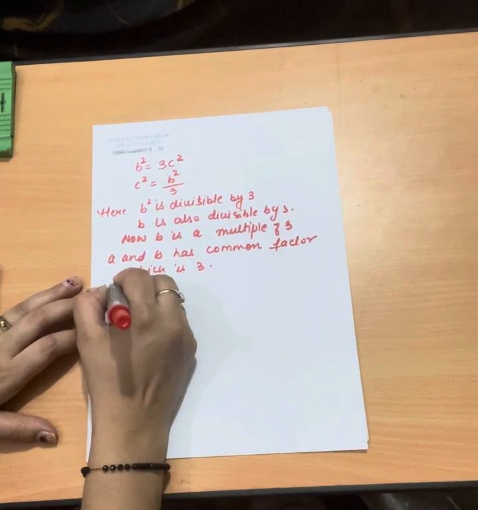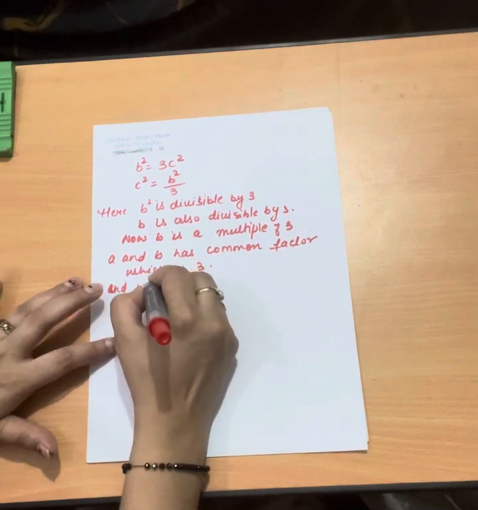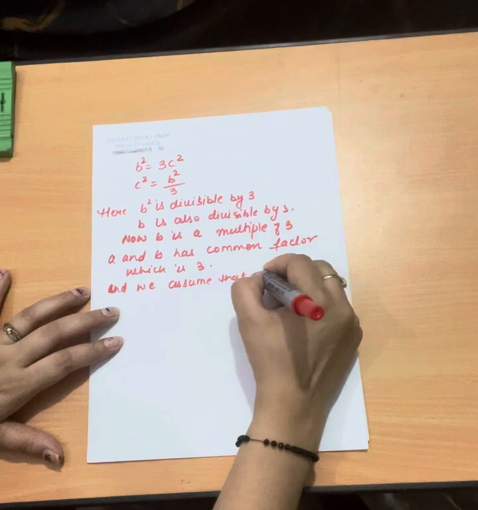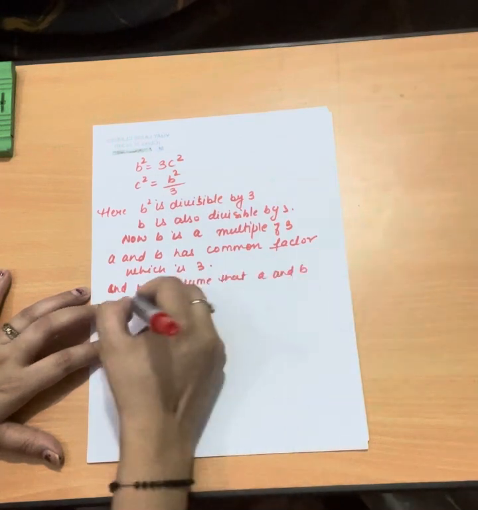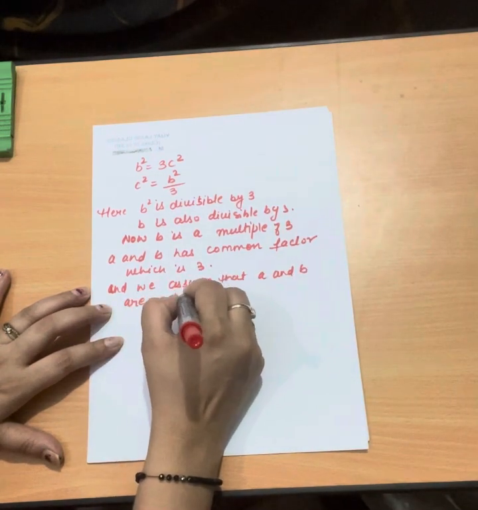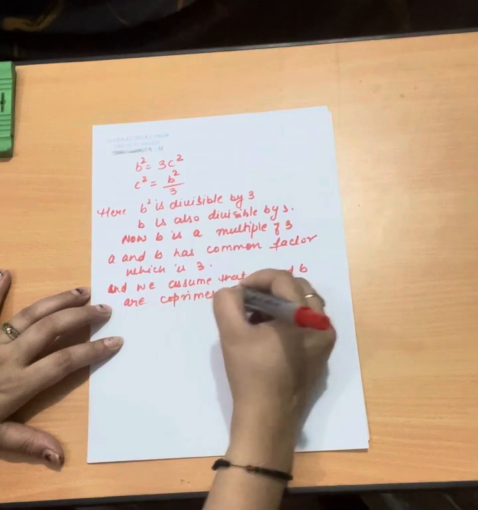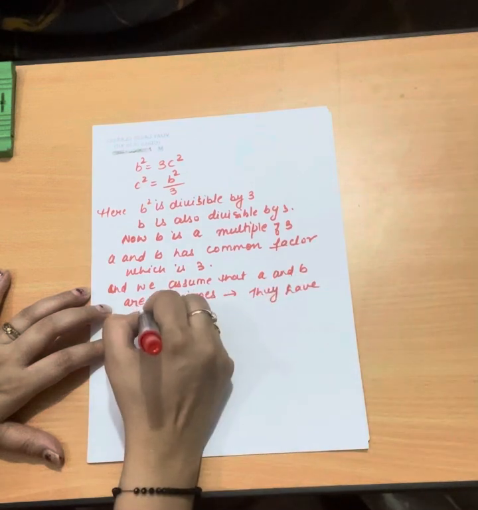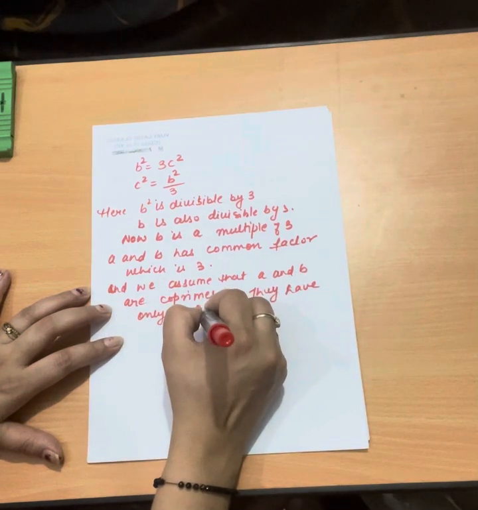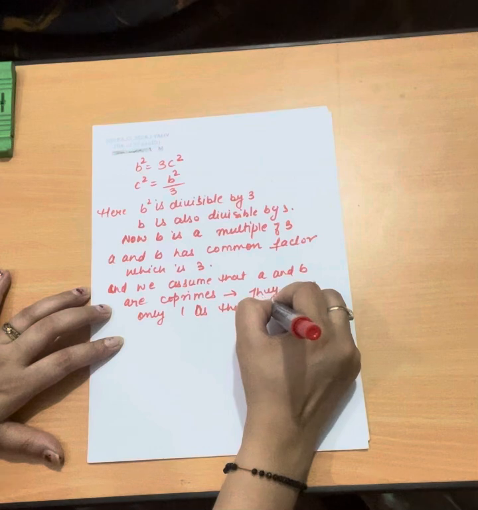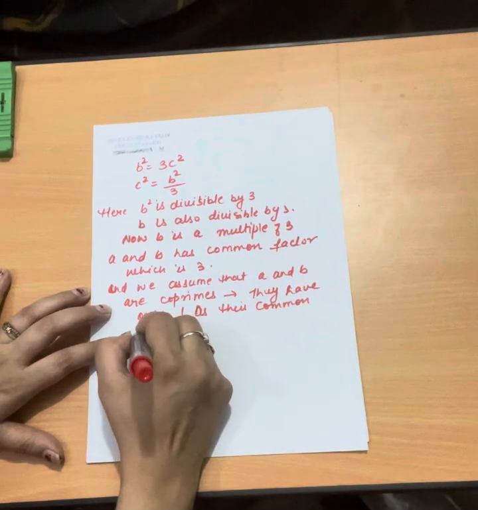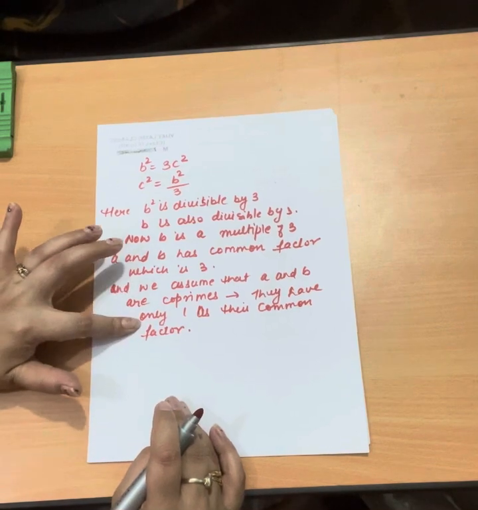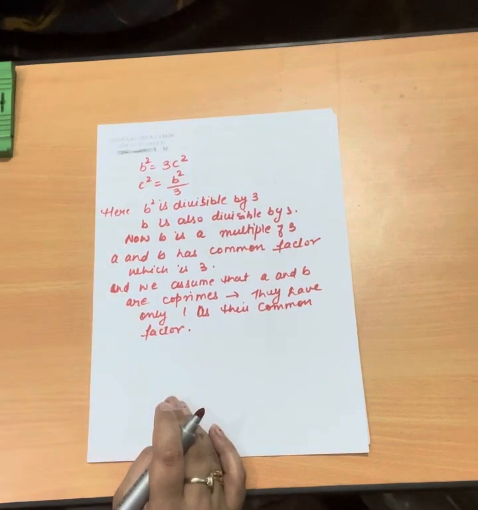But we assumed that a and b are co-primes, that means they have only 1 as their common factor. So this contradicts our statement that a and b are co-primes.